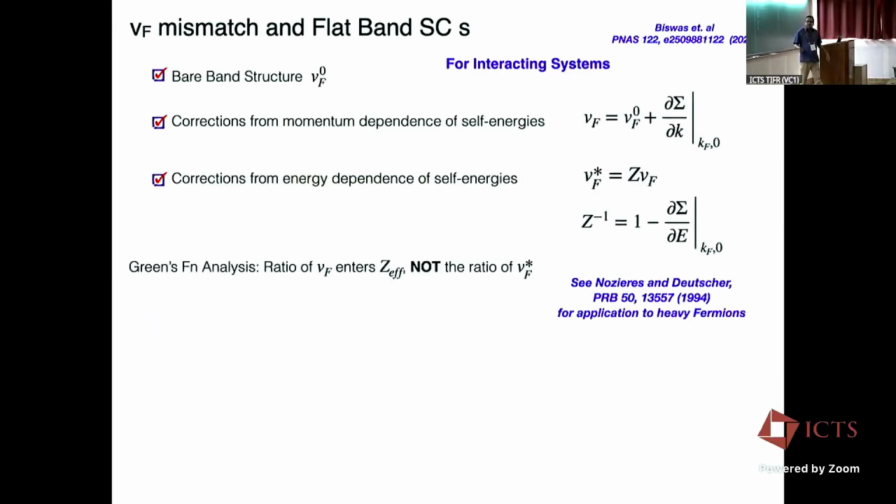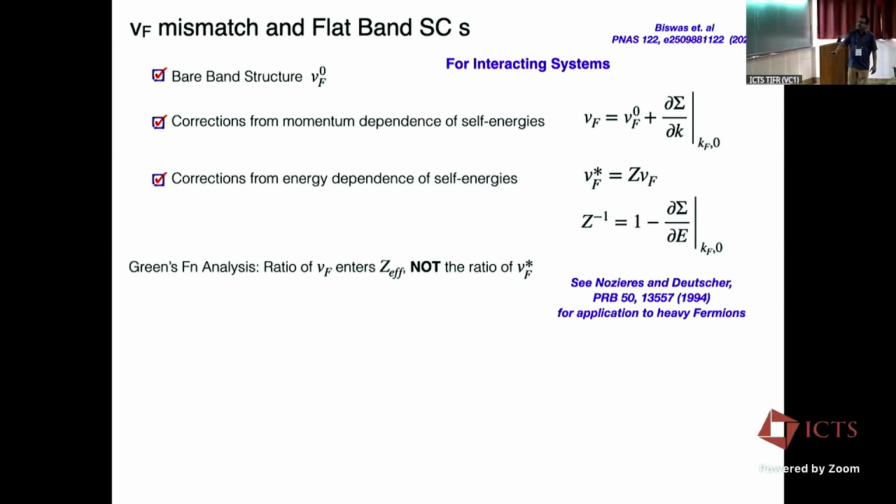One small point here is that this actually comes out of the Green's function calculations, that in an interacting system, you can think of a bare band structure Fermi velocity. You can think of a Fermi velocity corrected by the exchange-like corrections or momentum dependence of the self-energy. And you have the full Fermi velocity, which also requires the quasi-particle residue.